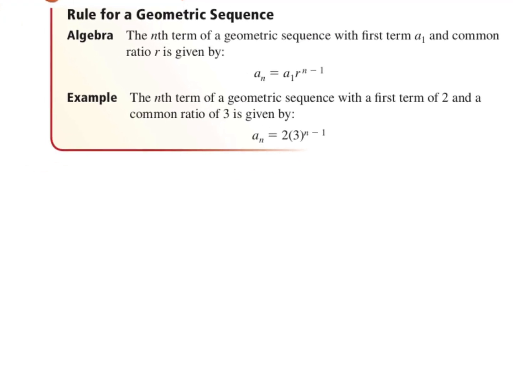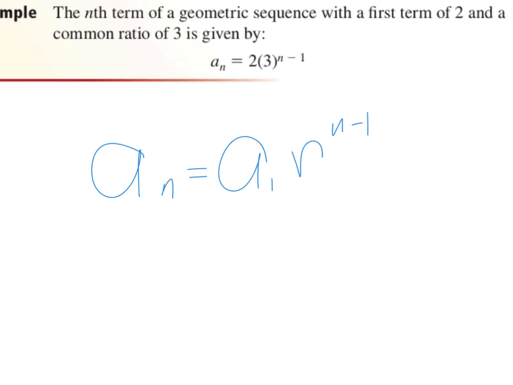So writing a rule. Here is the rule for geometric. For our arithmetic, it was a sub 1 plus n minus 1 times the common difference. In this case, a sub 1 is the first term. r is your, what do you think? It's your common ratio.